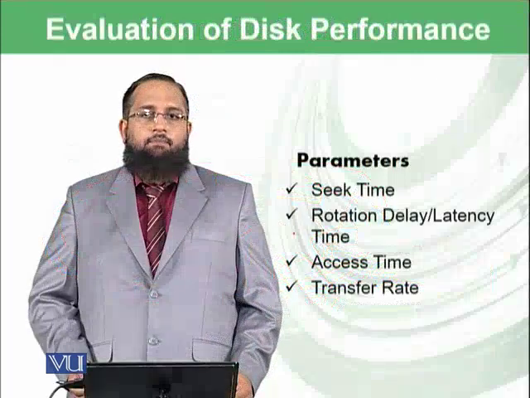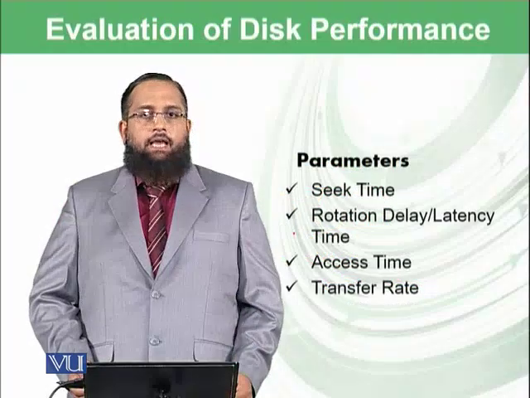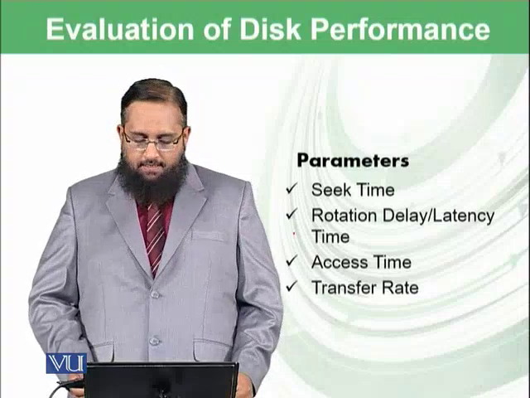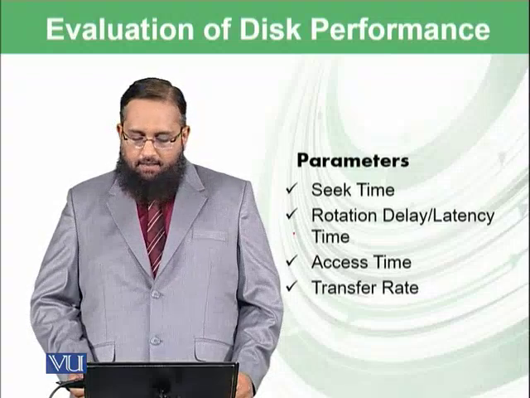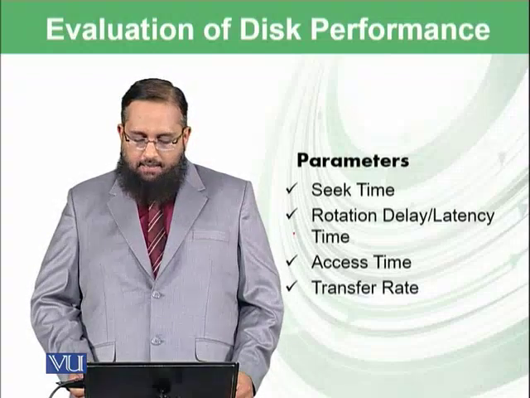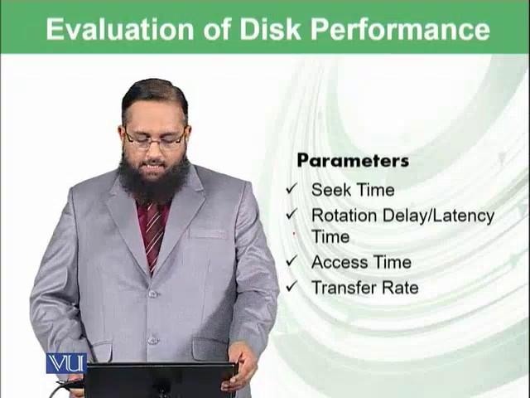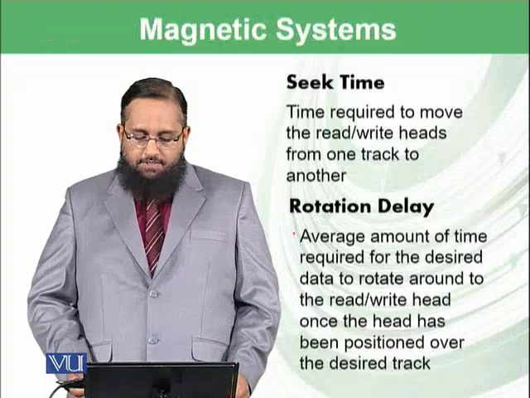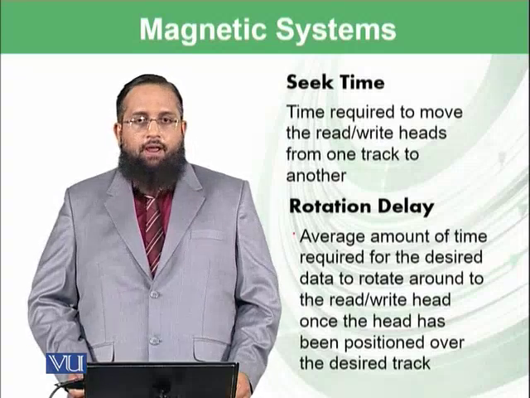Then there are different parameters to assess whether one disk is better or worse than another, to gauge the quality of a disk. For example, seek time, rotation delay, latency time, access time, and transfer rate. Let's define each parameter. First of all is seek time. Seek time is defined as the time required to move the read-write head from one track to another.